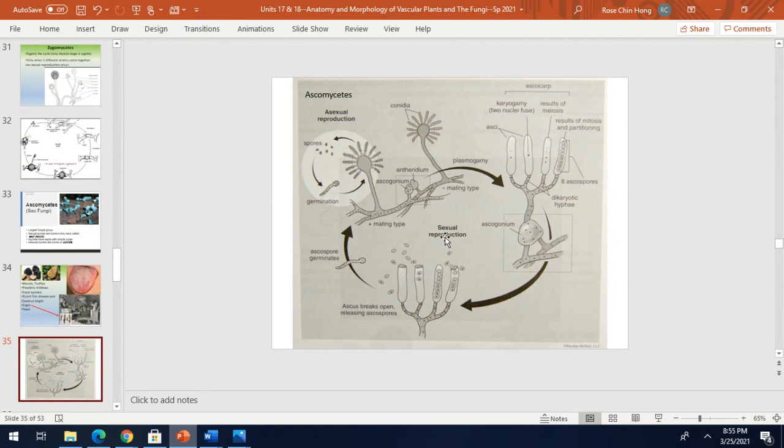However, they can also reproduce asexually. Asexually, they have this structure called the conidiophore, and the conidiophore has these strings of conidia on them. A conidium is one that has the spore, and this is the asexual reproduction.